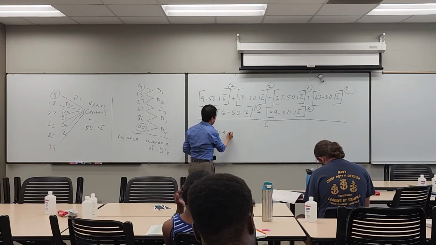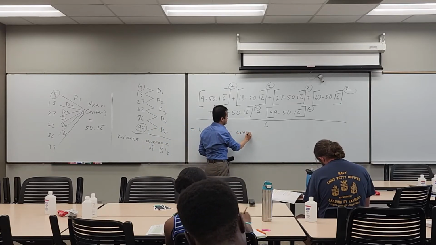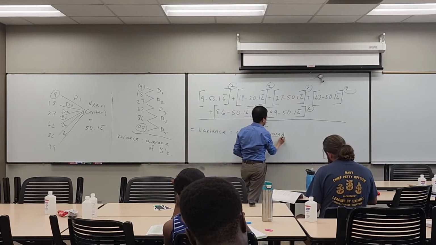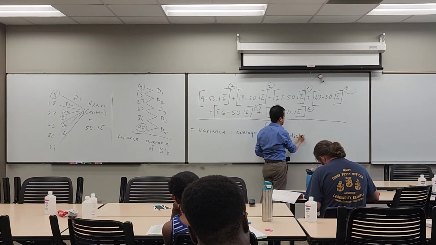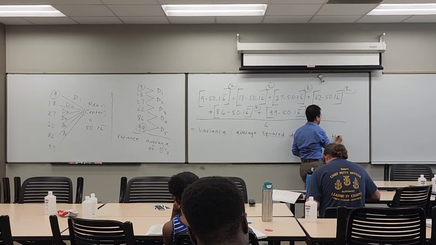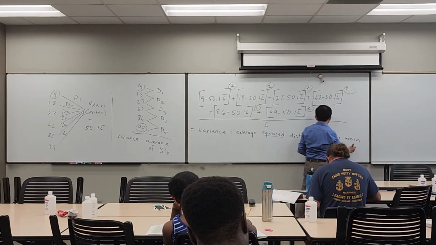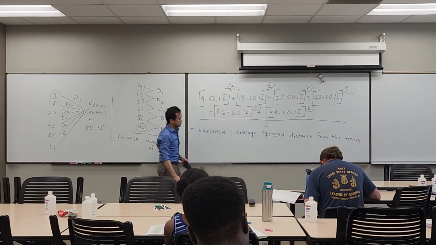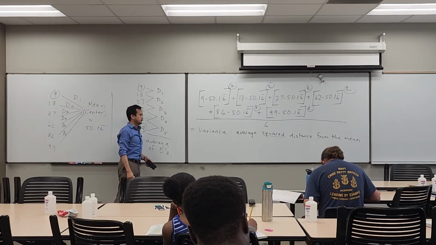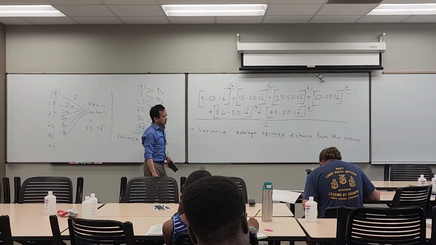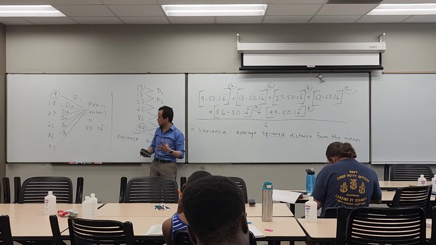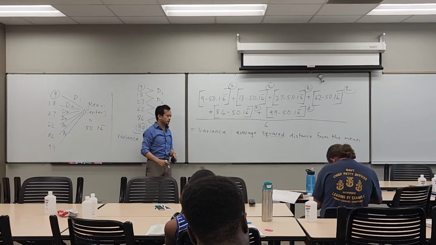It's no longer the average distance from the mean, now it's the average squared distance from the mean. So the variance is the average squared distance from the mean. But we're not used to thinking in terms of average squared distances, because originally we wanted an average distance from the mean.